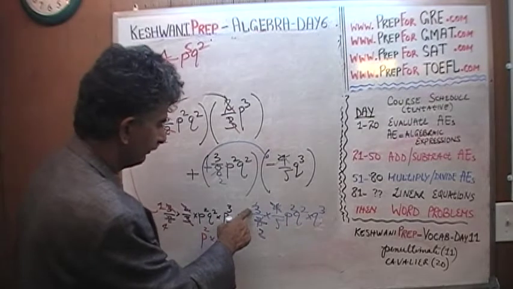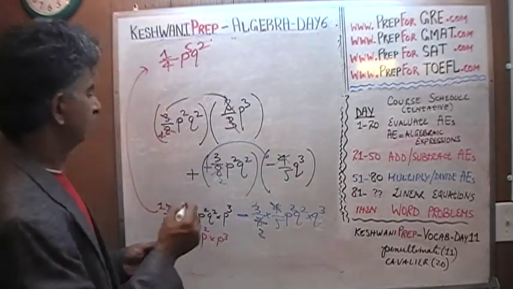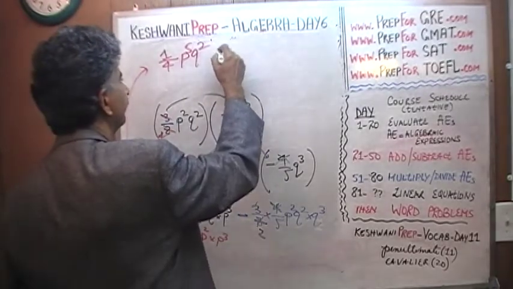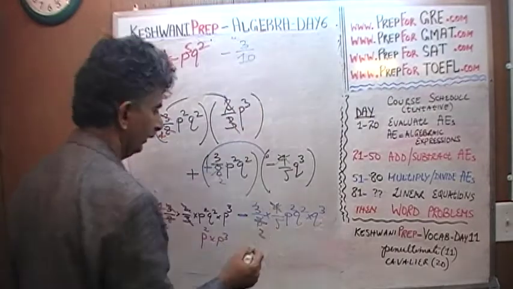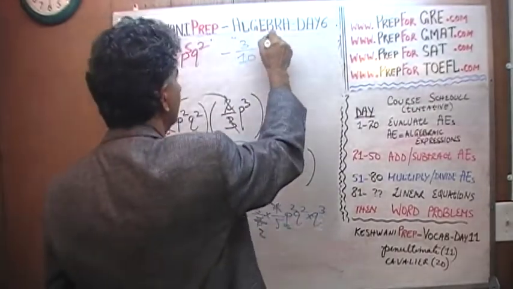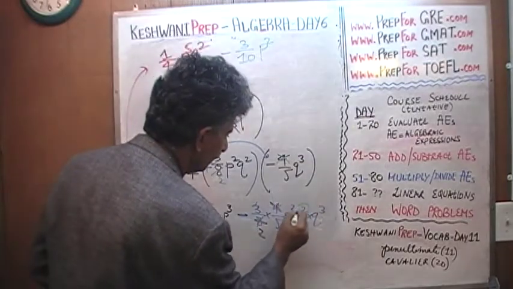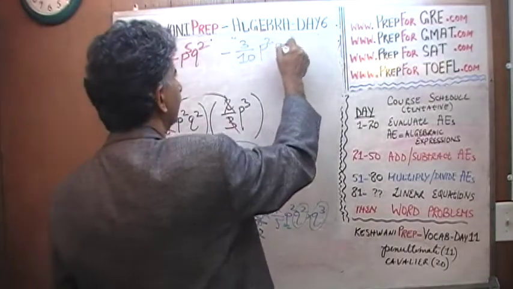So on the top we only have 3 and on the bottom we have 2 times 5, so it's negative 3/10. And then we have p squared, and q squared times q cubed is q to the 5th.